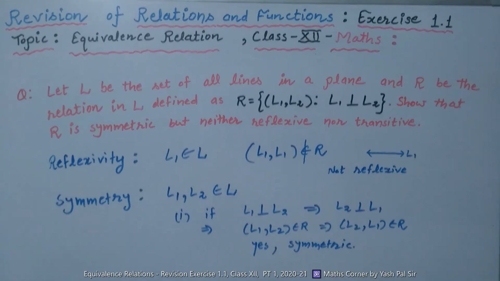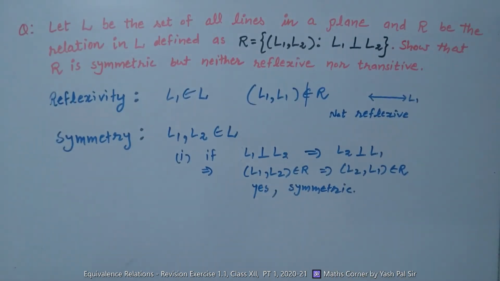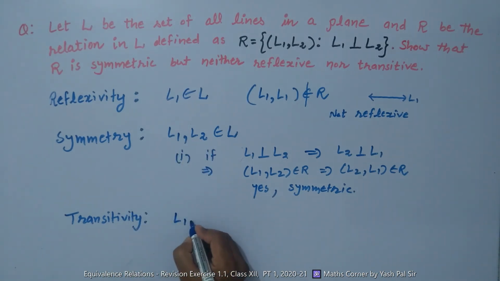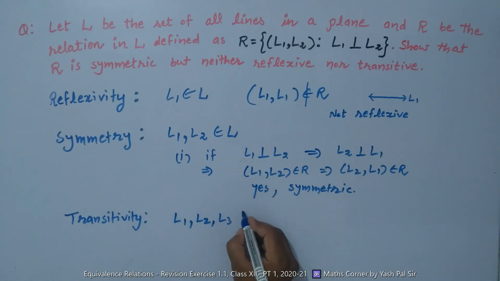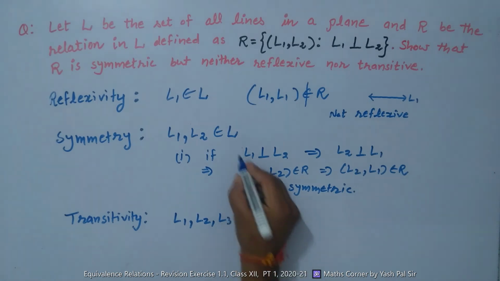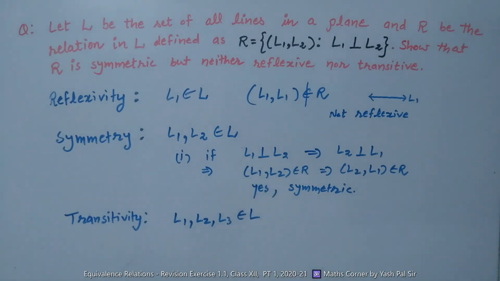Now the last case is about transitivity. What do we do for transitivity? Here we take three elements, suppose L1, L2 and L3. These are three lines, all belonging to the set of all lines in the plane.